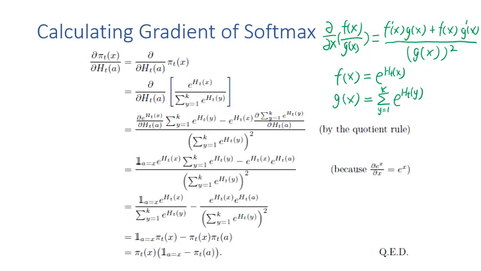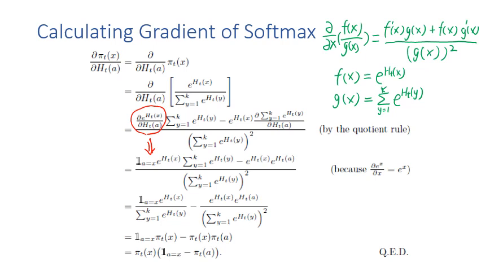So now let's do the gradient. This term is actually equal to the indicator function multiplied by e to the power of h t x.